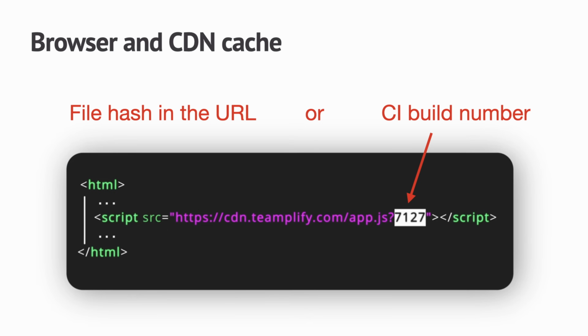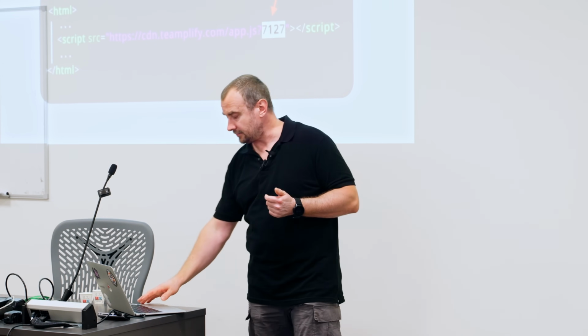Some people use file hash in the URL, others add CI build number in the URL. Basically, the idea is change the URL, and once it's changed, you will bypass the browser cache, the CDN cache, and users will get the new version.